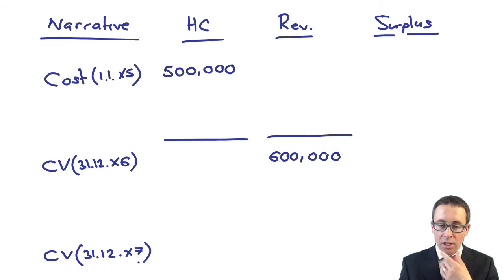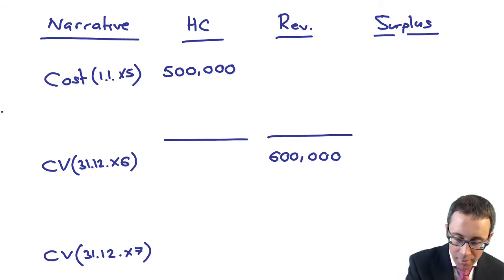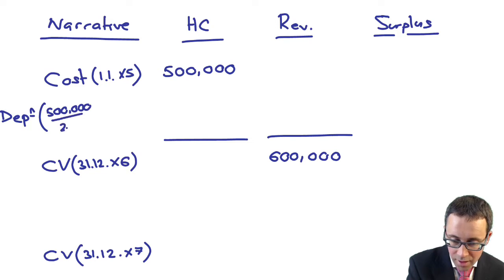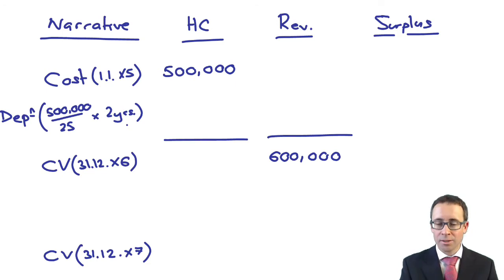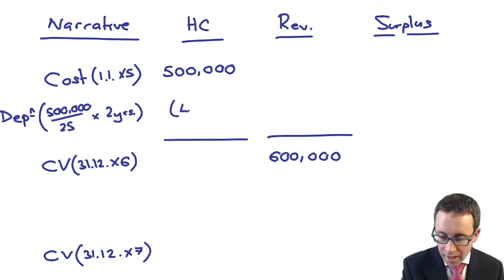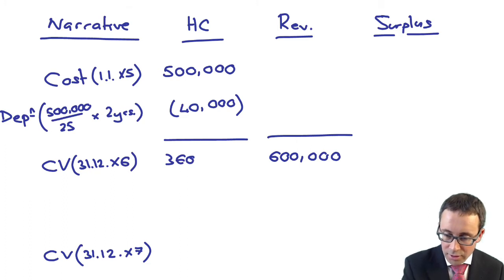So the key bit is that to work out my depreciation, it's 2 years. So it's the 500,000 divided by 25 multiplied by 2 years. So it was 20,000 for 1, 40,000 for 2. So does that give me 360,000?